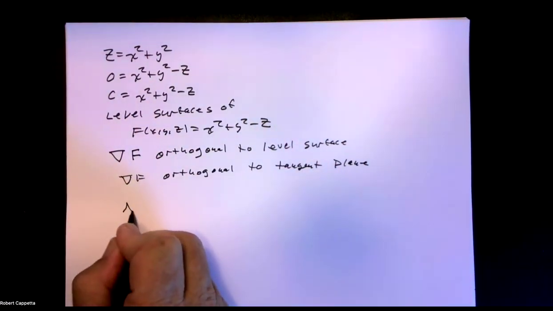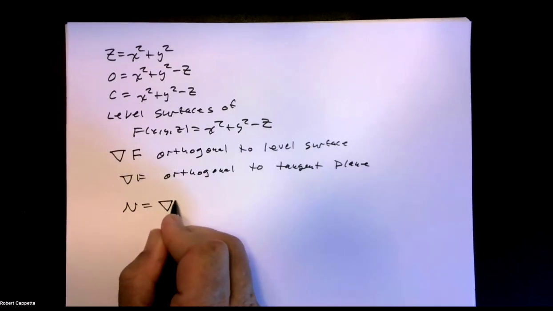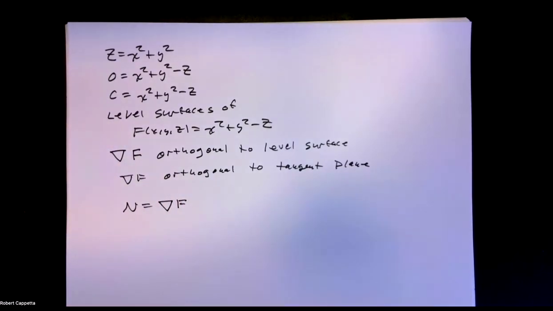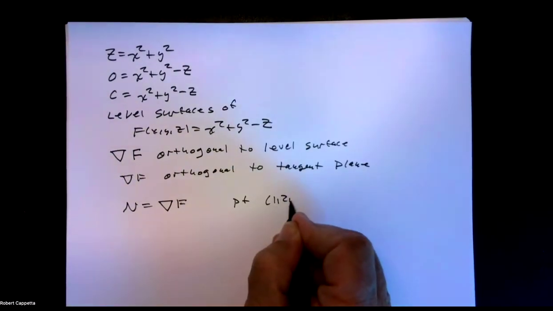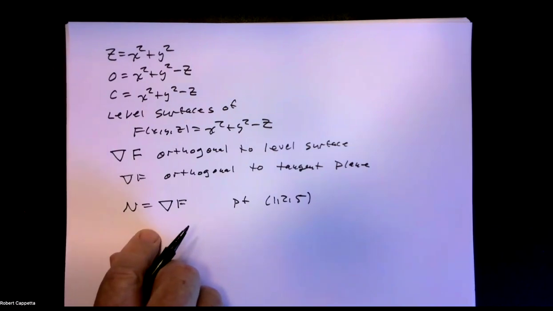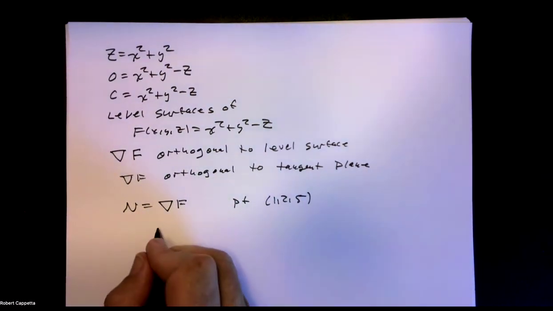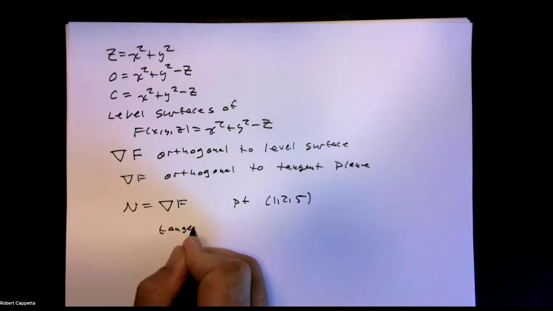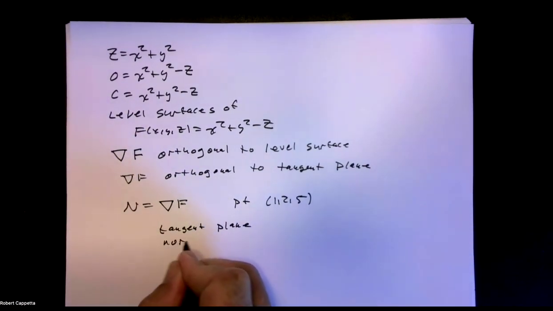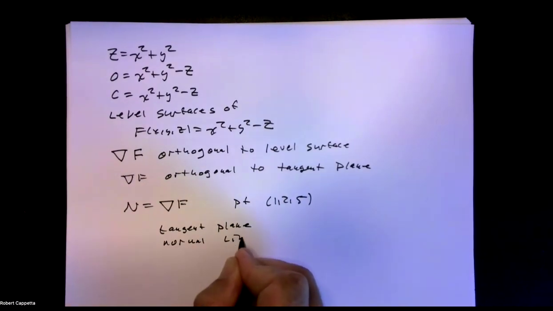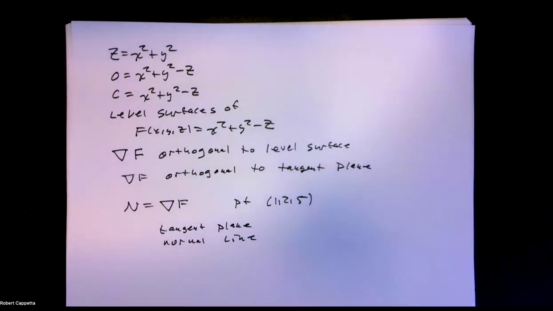So in essence, the normal vector to the tangent plane was that gradient of F. Once I had the normal vector to the tangent plane and the point, which was 1, 2, 5, it's relatively straightforward to solve for those two things, the tangent plane and the normal line. That is our process of how we use the gradient to determine the equation of a tangent plane and a normal line.